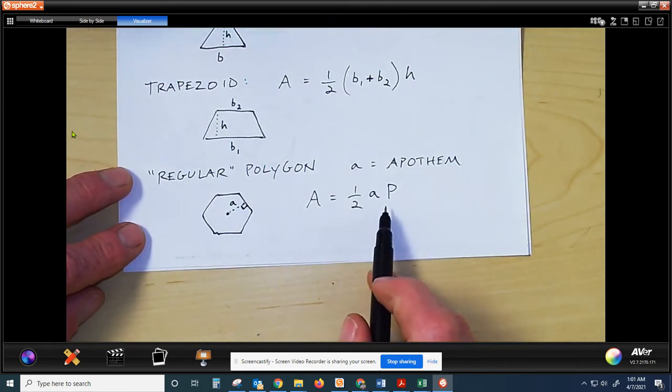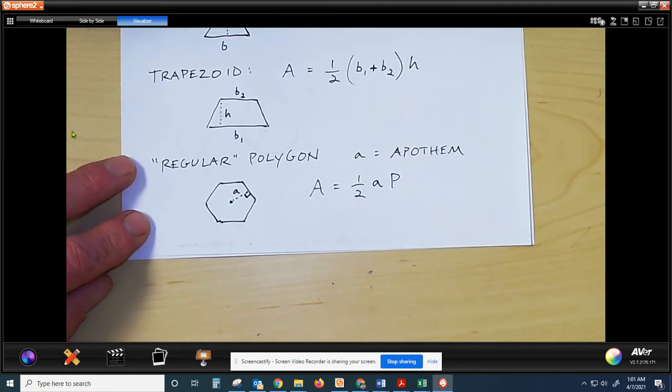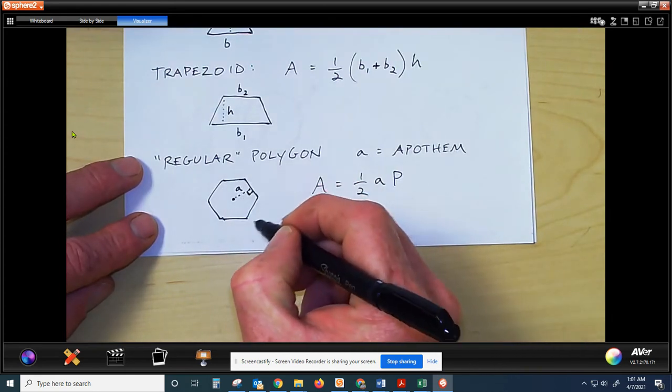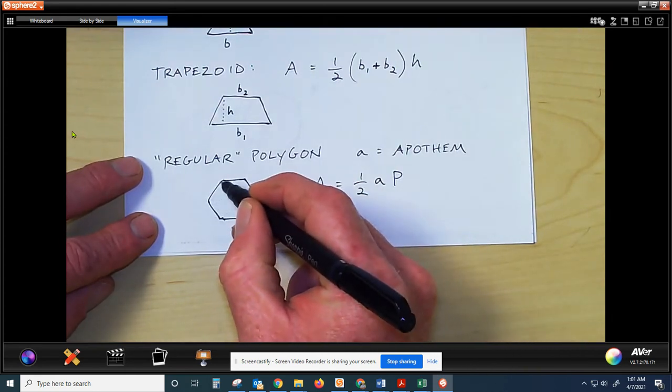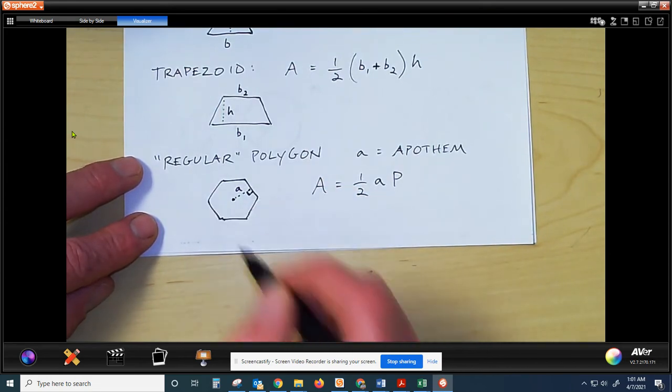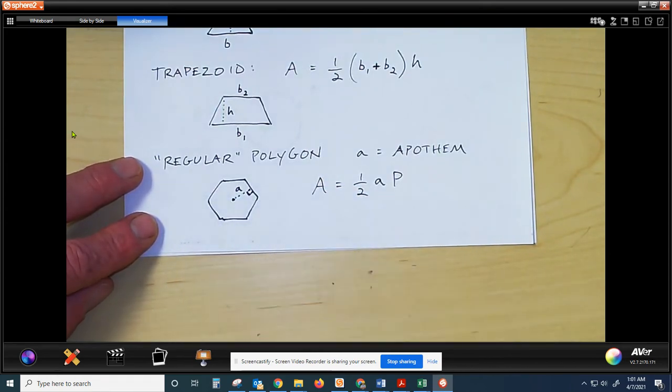Okay, perimeter. Seen in earlier geometry classes or in earlier math classes, it's good that it's going to come up and be useful for you. The perimeter is the distance all the way around this shape on the outside, like a circumference, but for a polygon, the addition of all the sides together.